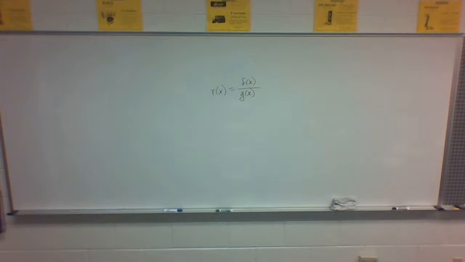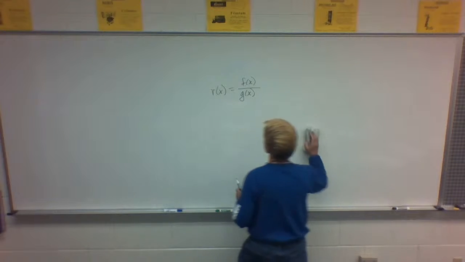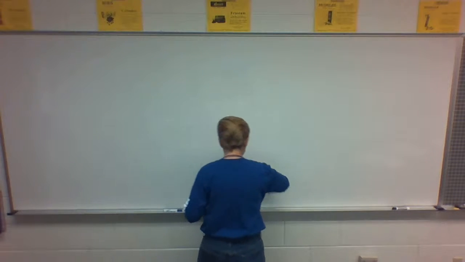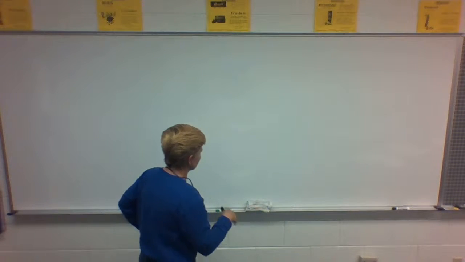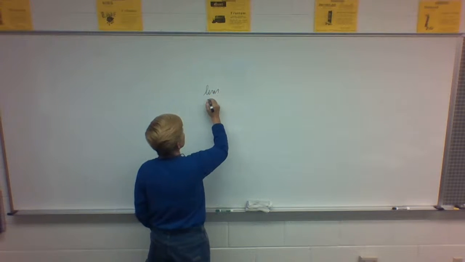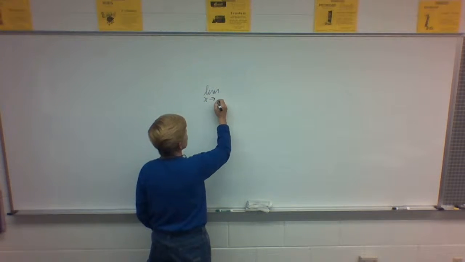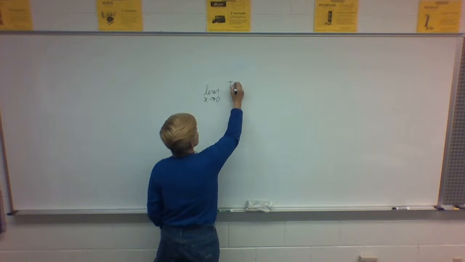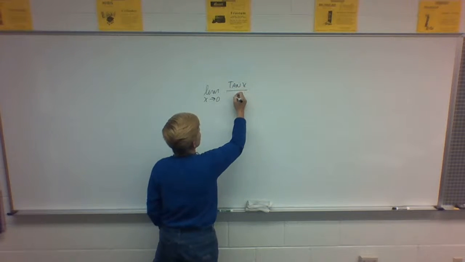Okay, we're going to try to find the limit as x approaches 0 of the tangent of x over x. This is a rational function. Well, it's not really a polynomial over a polynomial, but it is a fraction. So we're going to do the limit as x approaches 0 of tangent x over x.